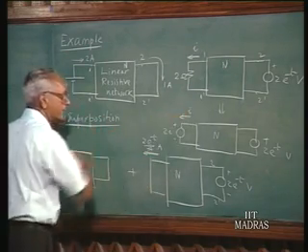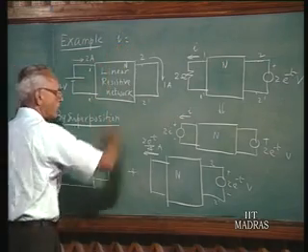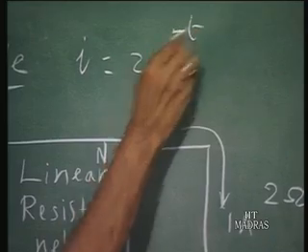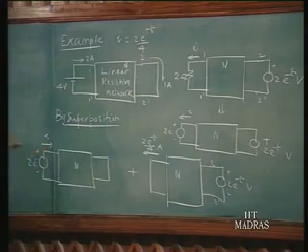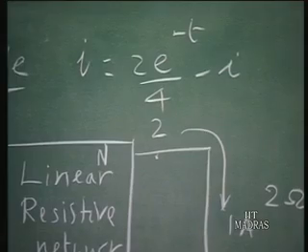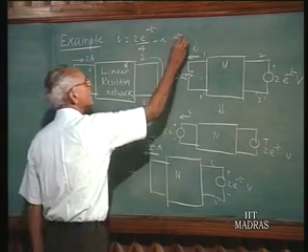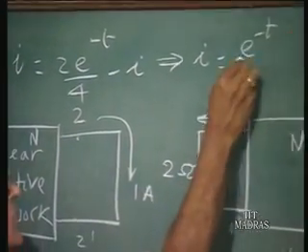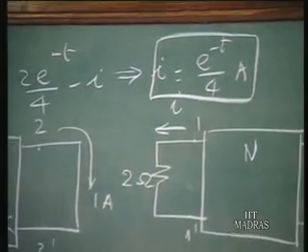The current flowing in this direction, this I, equals the current flowing in this direction, 2e power minus t upon 4, plus the current here, but the current is now in the other direction, therefore minus I. So this is the equation, the sum of superposing these two currents, and this leads to the result I equals e power minus t upon 4 amperes. So that is the answer for this question.